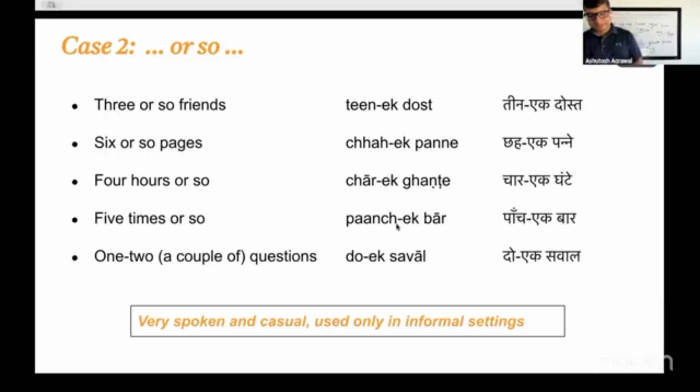Yes, isn't there another way of saying it, like या इतना, या इतने? Yes, that's right. So the question is, can I say approximately with या इतना also, right? So to show the approximation.